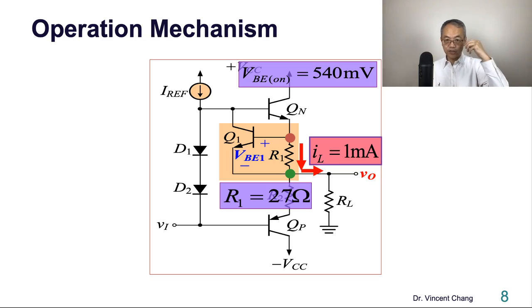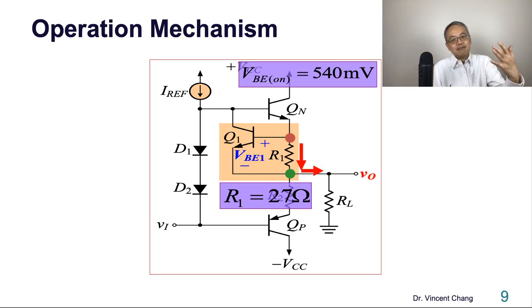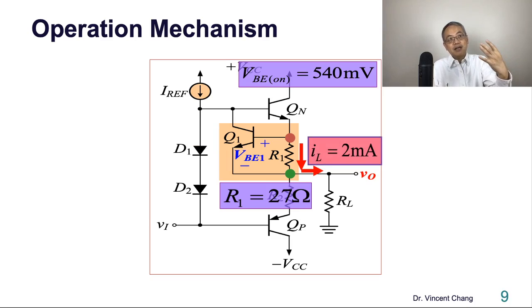Very logically, let's say the current is 1 milliamp. Then 27 millivolt. Focus on VB1. 0.027 volt is too small, so Q1 is still asleep, still off, right? What about 2 milliamp? Then 54 millivolt, 0.05 volt.